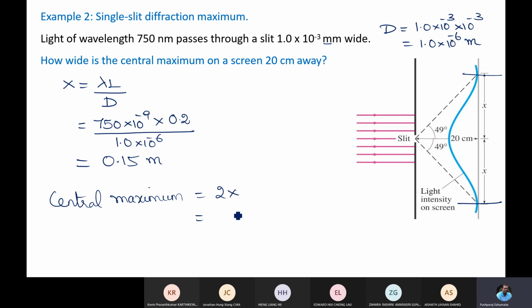So 2 into 0.15 is equal to 0.3 meter. So that is the answer. 0.3 is the answer. Clear?